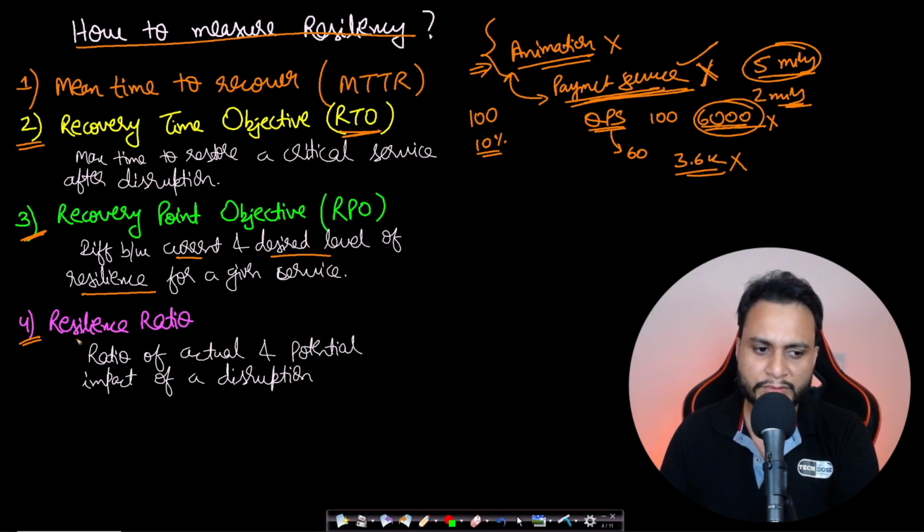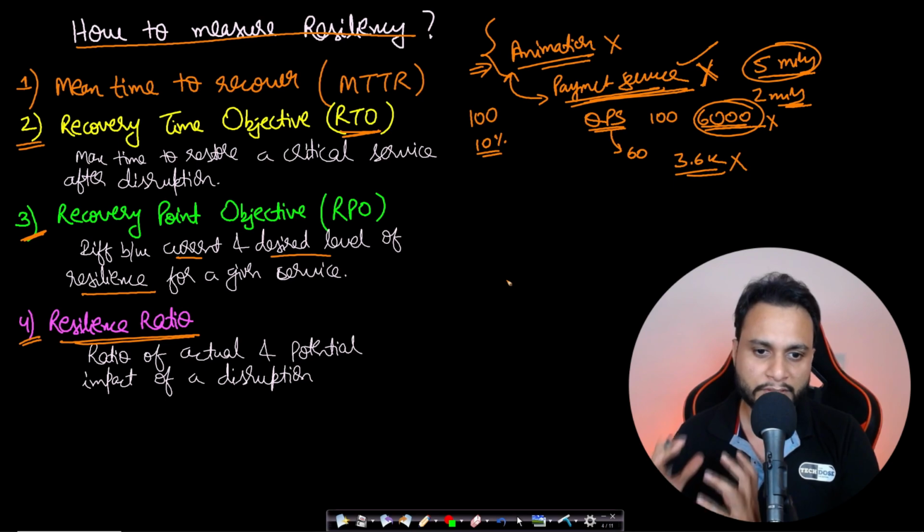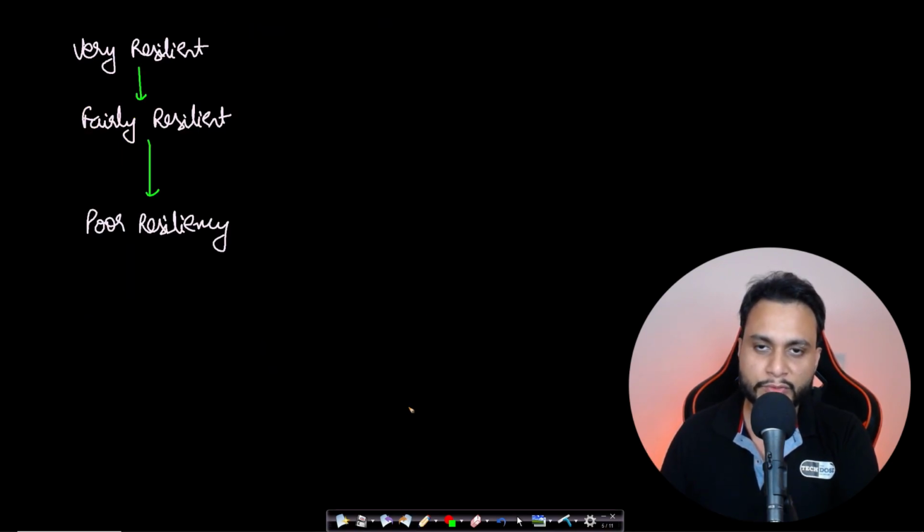So this is also one of the ways to study how resilient your system is, and there are other terms as well. You can just go through them. Now if you picture resilience, it is a comparative term where two systems are compared and then you get an idea of which one is more resilient. So you can mark it on a scale from a very resilient system to a system having poor resiliency.